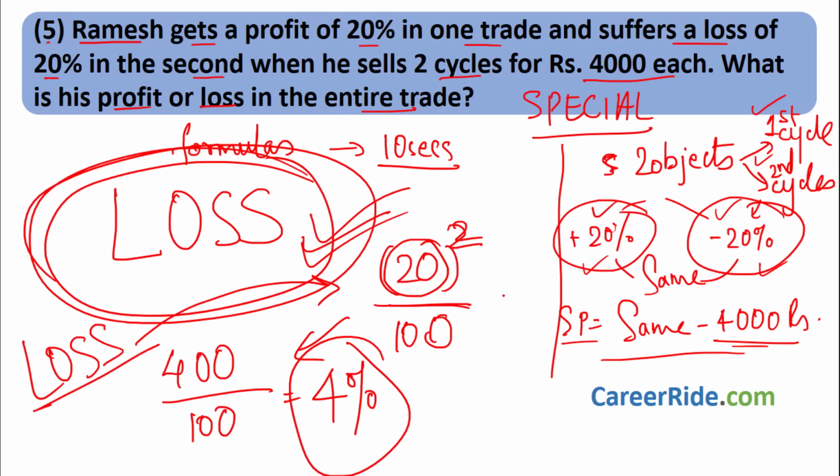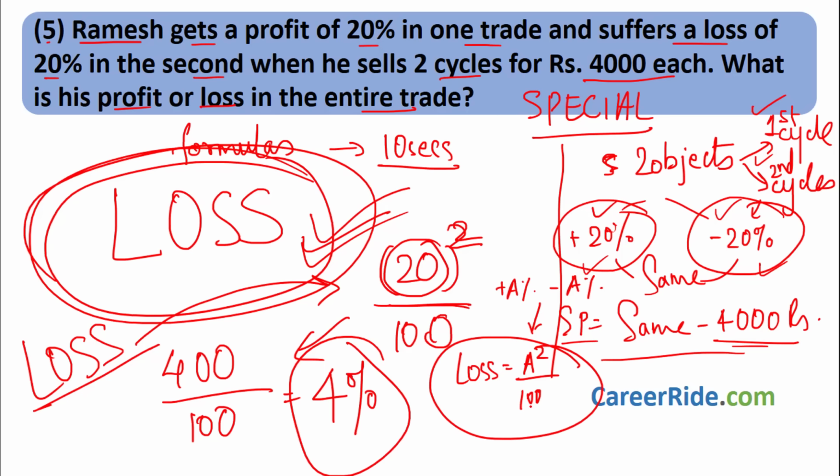So let us say if the person gets a percent profit and a percent loss, and the selling price is same, then the loss percent is given by a square upon 100. Simply square the percentage and divide by 100 and you will get the percentage loss in the entire trade.